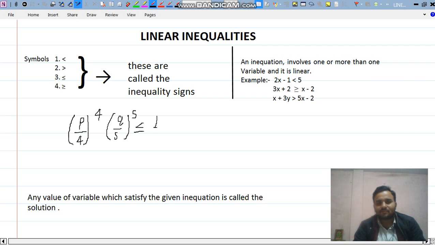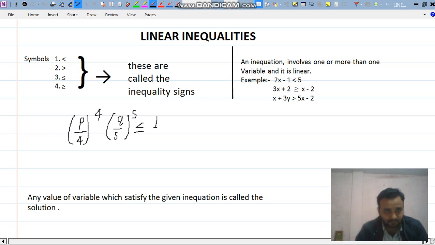And this is just part of a question, not a whole question. If any question is a complex type question, or you can say a single question with many concepts, then you should know the linear inequalities.